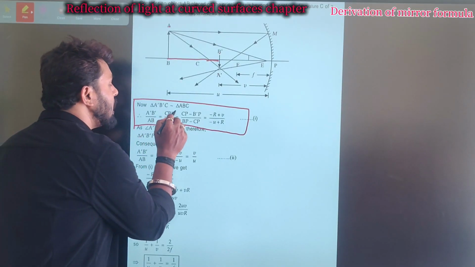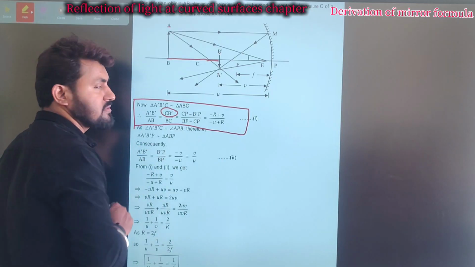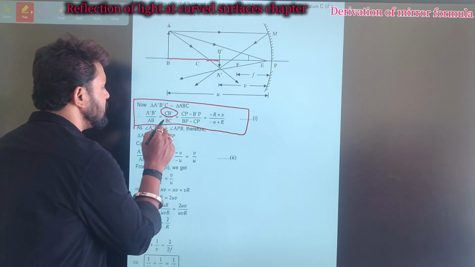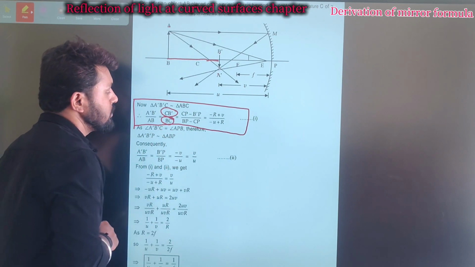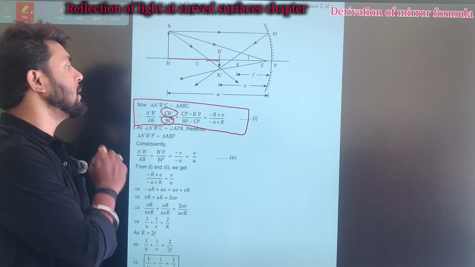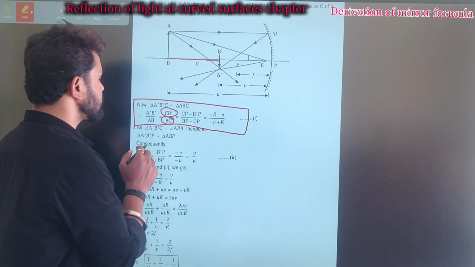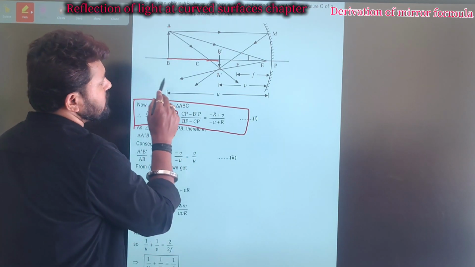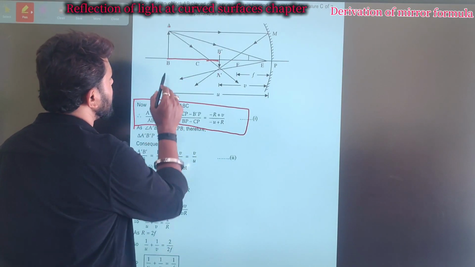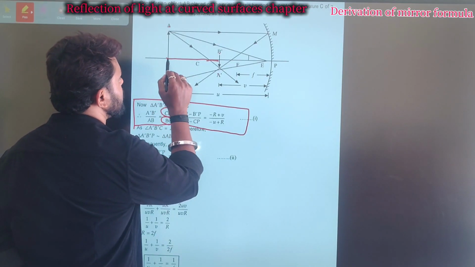Now, how will I be able to write CB dash or BC? If you look at this properly, now this is BP. BP is from where to where? From here, distance to here.